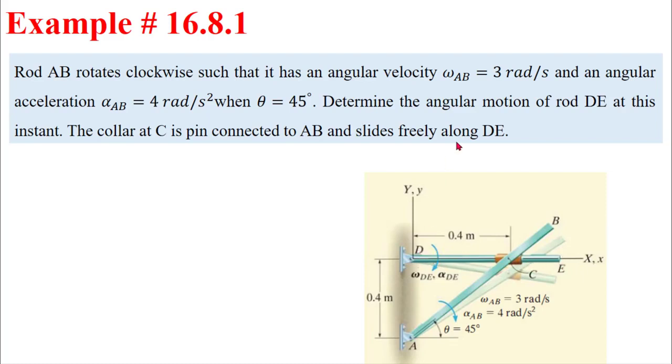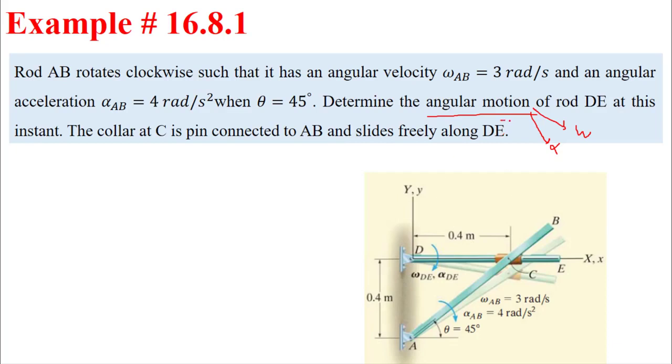The meaning of angular motion is that we need to find omega and we need to find alpha at this instance, when phi is equal to 45 degrees. The collar at C, this slider, is connected to AB and slides freely along DE.